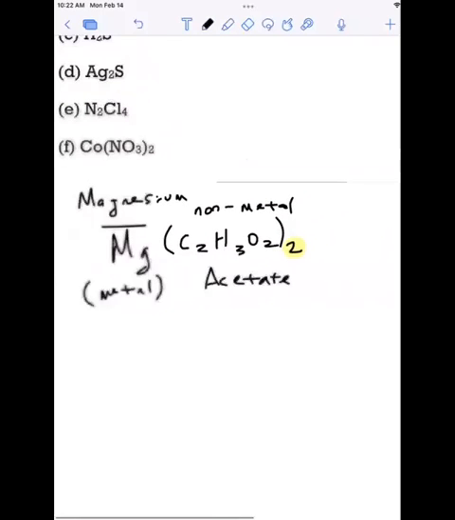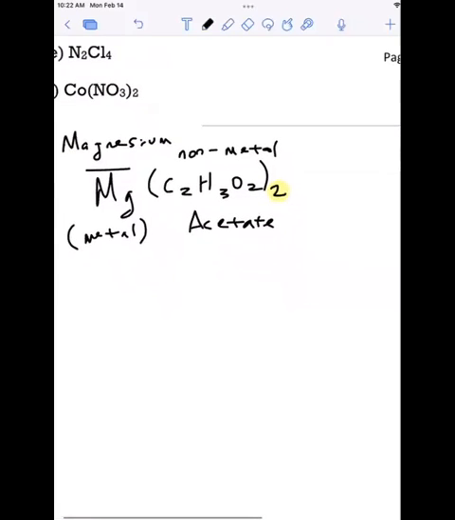So that's a metal and a non-metal. So this is ionic, right? Because there's an attraction between a metal and a non-metal.